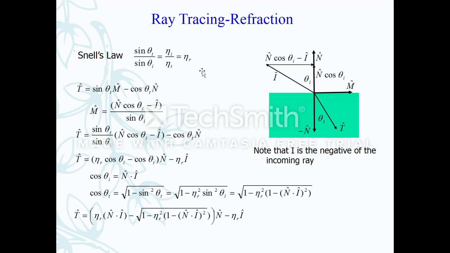When we substitute the m equation in the t, we get sine theta t by sine theta I into n cap of cos theta I minus I cap minus cos theta t into n cap. When we rearrange all the terms, and we also know from the figure that cos theta I equals n cap into I cap, and cos theta t equals the square root of 1 minus sine squared theta t. By substituting everything, we get t cap, that is the transmitted ray equation.